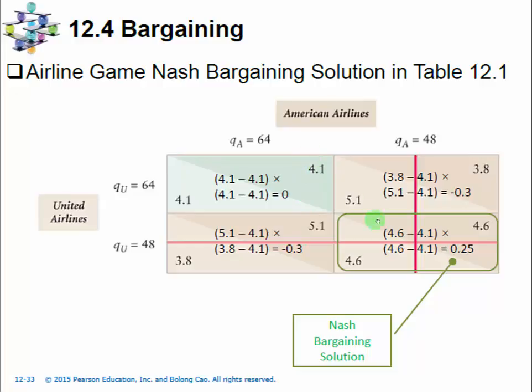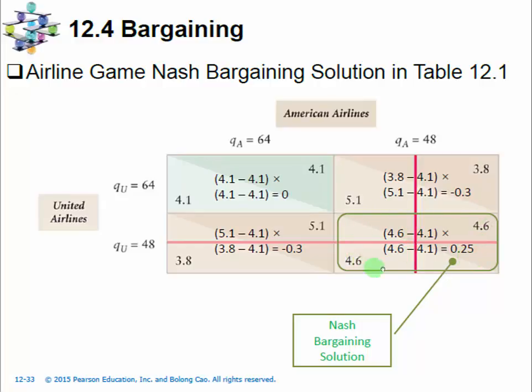The two parties, through bargaining, are looking for the maximum possible Nash product value. And when one firm produces 48, the other firm also produces 48, each firm receives 4.6. 4.6 is 0.5 above 4.1. That means each firm receives a net surplus of 0.5. 0.5 times 0.5 is 0.25.